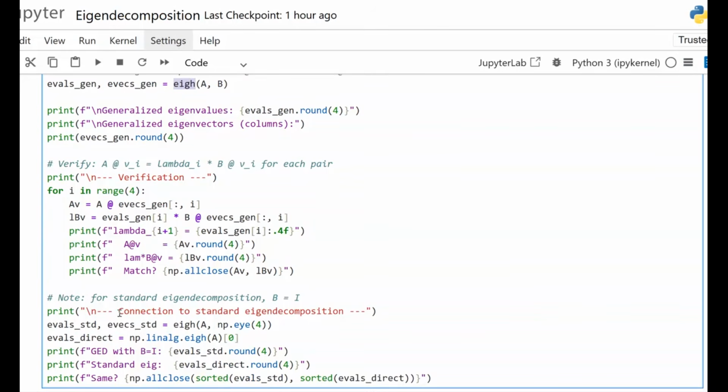Kindly just observe, dear friends, it has a connection to the standard eigendecomposition by using eigh.